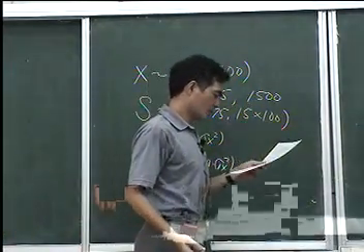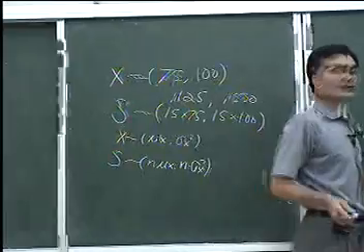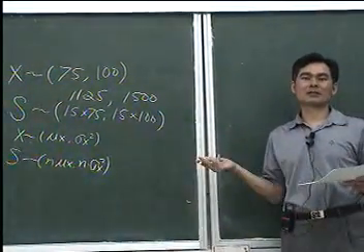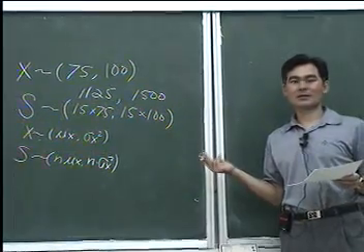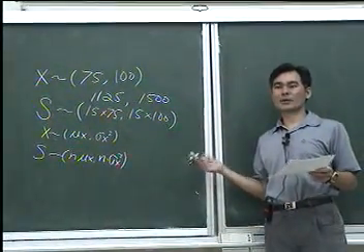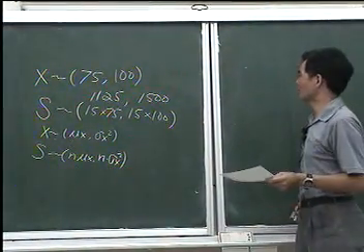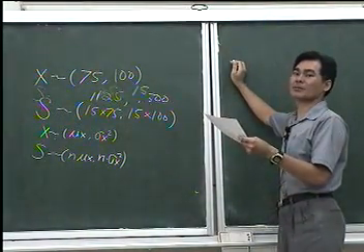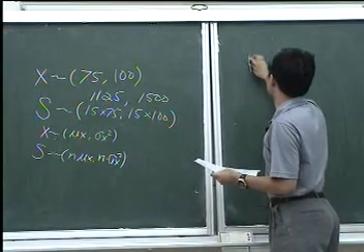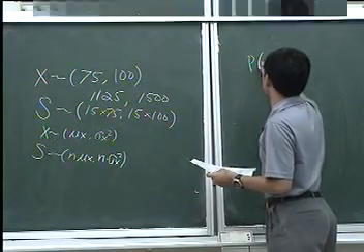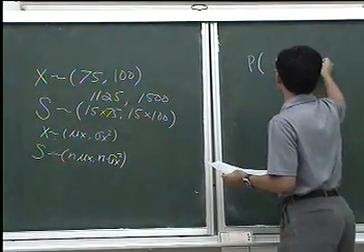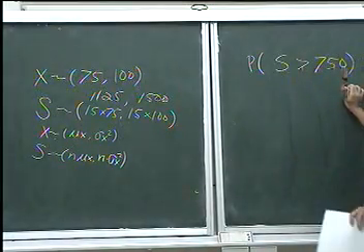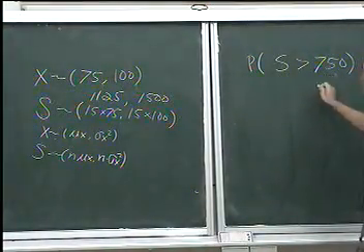And now you want to know the probability that when these 15 persons take the elevator, they are going to be overweight, over the limit of the elevator. We know the limit is 750, right? So we want to figure out the probability that it is going to be over 750, okay?